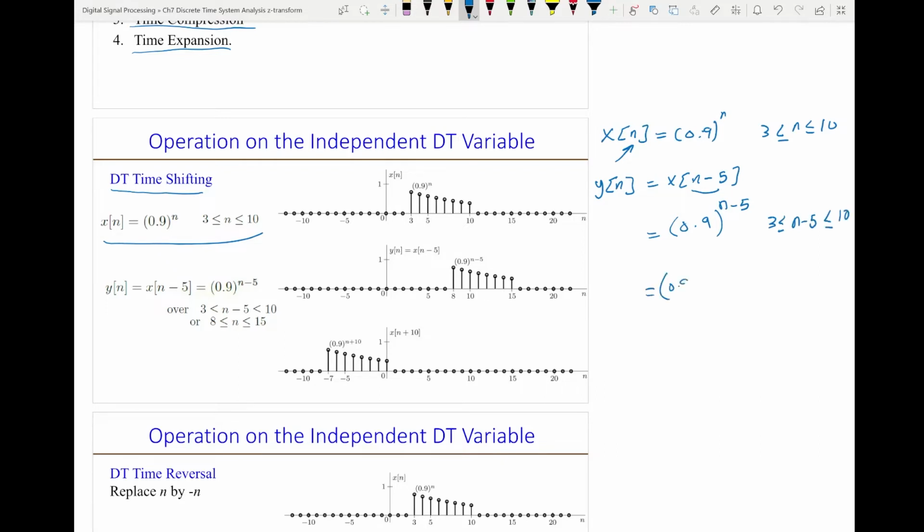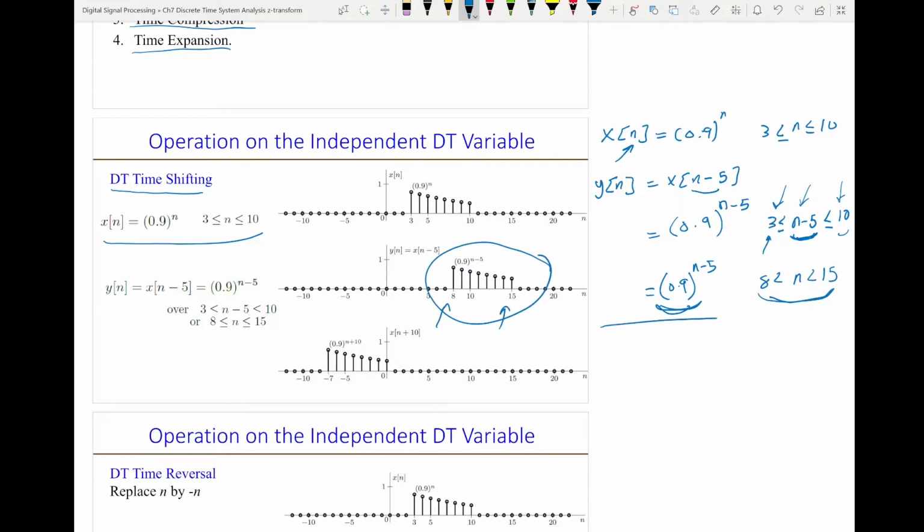Now here, I need this to be n by itself. So I'm going to add 5 to every side of the inequality. So that would be 5 plus 3, that's 8. Here it will be n. 5 plus 10, that's 15. Now if I plot this signal in this range, it will be this. So it exists from 8 to 15.